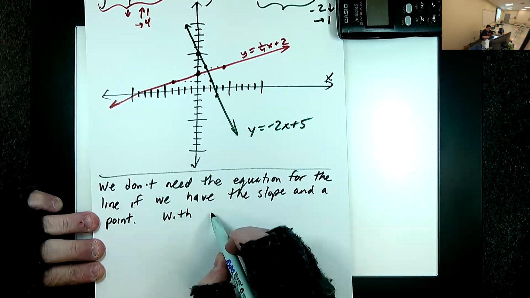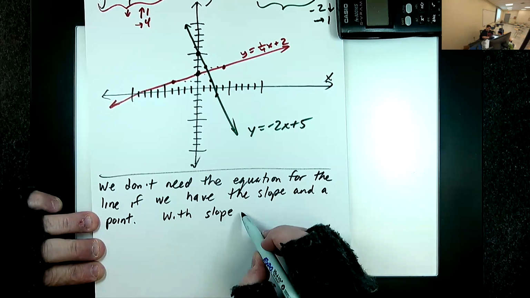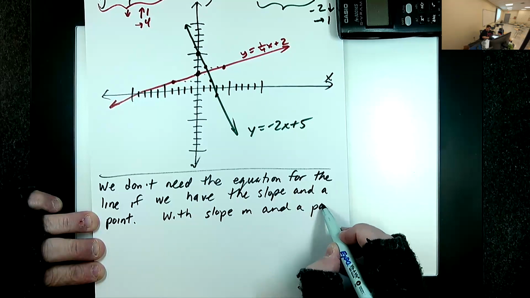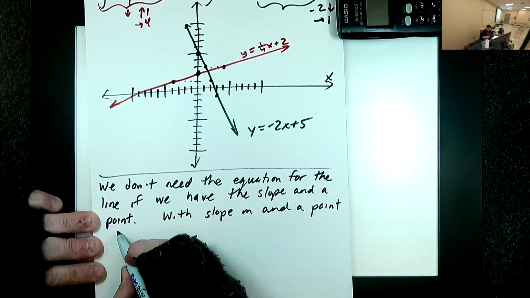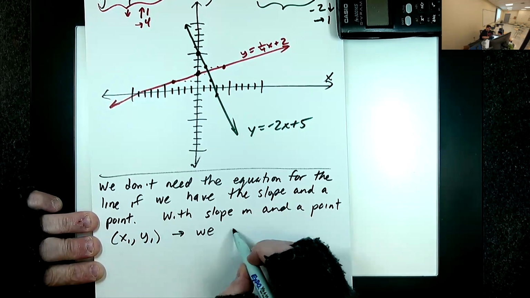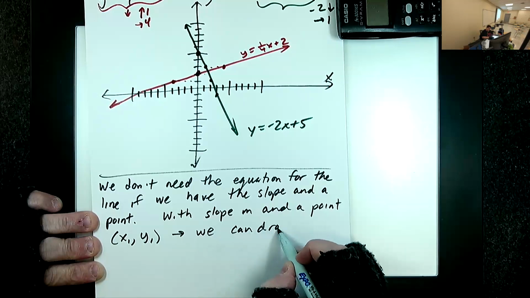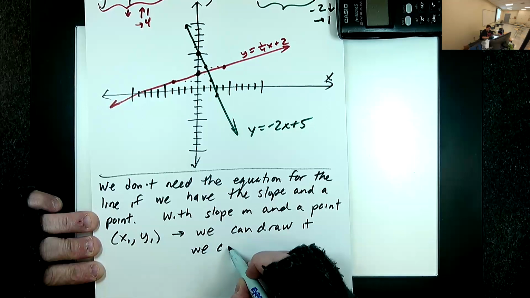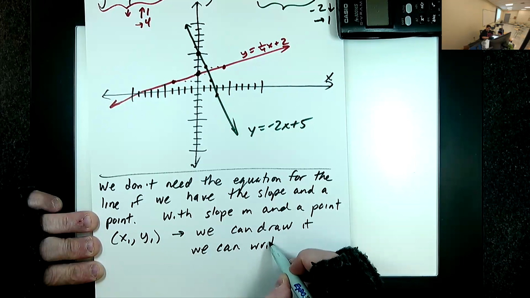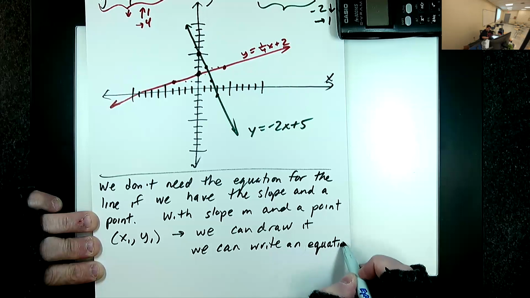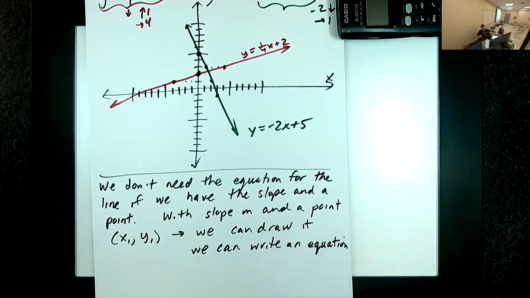With slope m and a point, I'll call it (x1, y1), we can draw it, and we can come up with the equation. So that's our next objective.